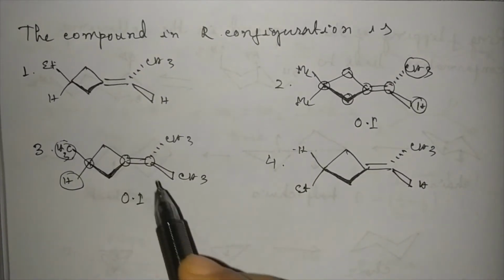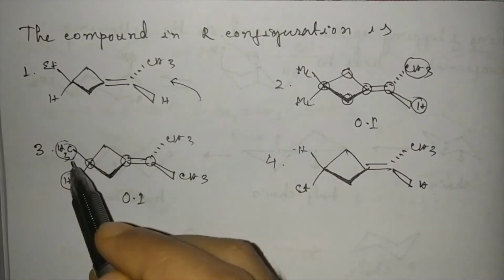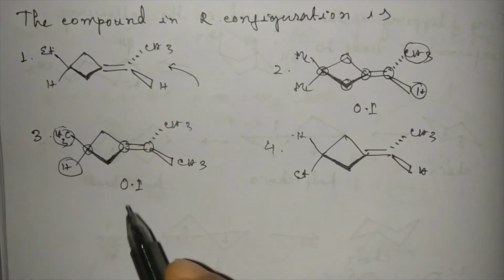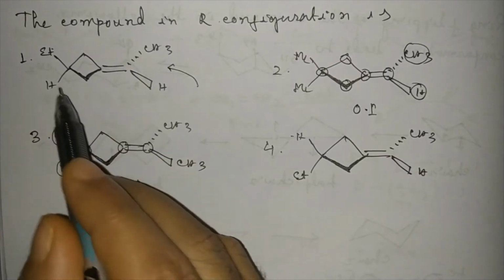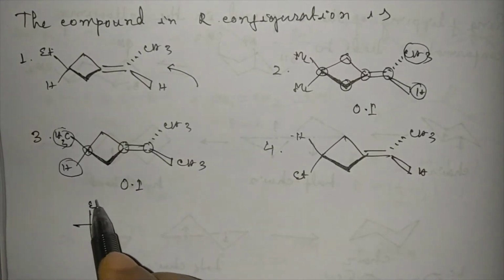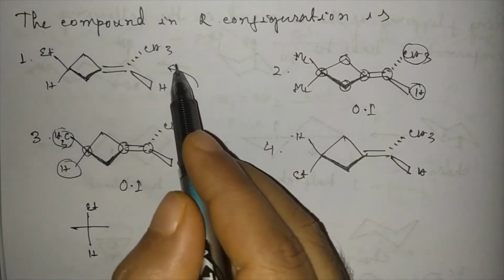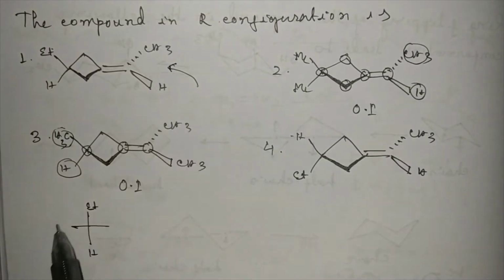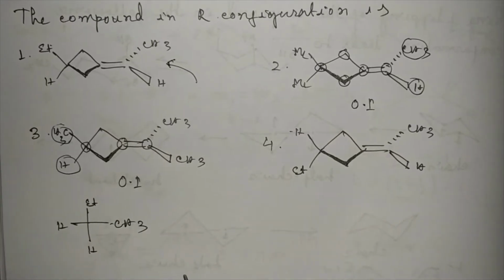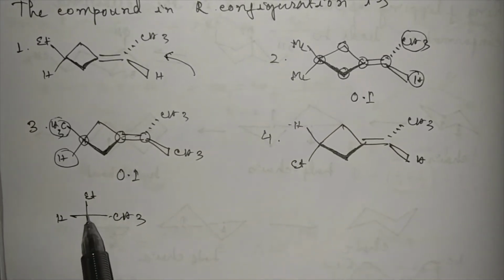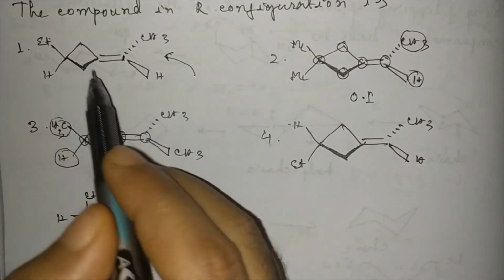Now between these two, if we see this molecule in this direction and project it in Fischer projection, then we will get this ethyl and hydrogen: here will be the ethyl, here will be the hydrogen, and as we are seeing in this direction, hydrogen will be on the left and CH3 on the right. Now this is the front carbon, as we are seeing in this direction, and this is the back carbon.